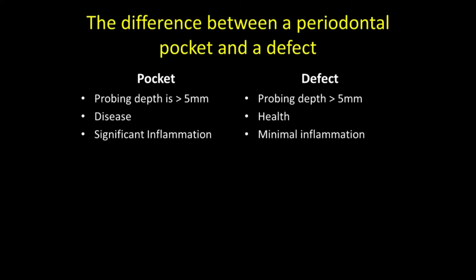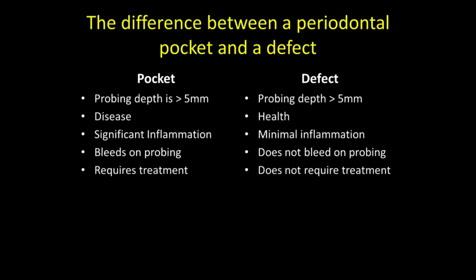And certainly with a periodontal pocket, there is significant inflammation. However, with a periodontal defect, any inflammation there is minimal. And a periodontal pocket bleeds easily on probing, but a periodontal defect, if properly maintained, does not bleed on probing. A periodontal pocket requires treatment, and as I said earlier, a periodontal defect does not require treatment, because usually it is a residual defect that lasts after pockets have been treated.